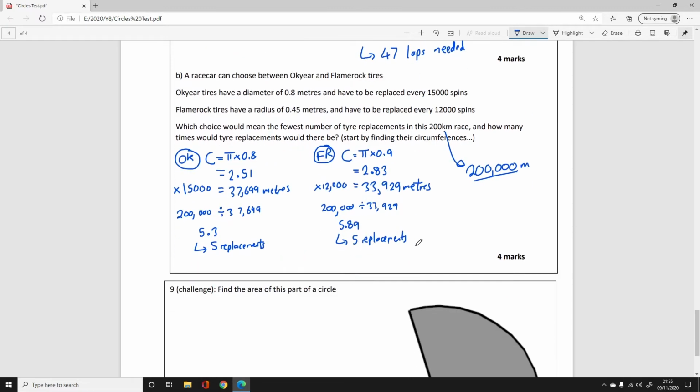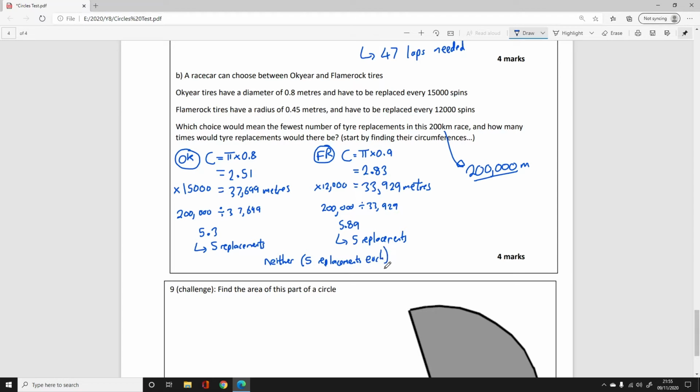So what choice would mean the fewest number of tire replacements? We can actually say neither. They would both require 5. You could make a slight call for OK Year being better, because it's less close to another replacement. That would have to be it, and we'd have to say 5 replacements each.